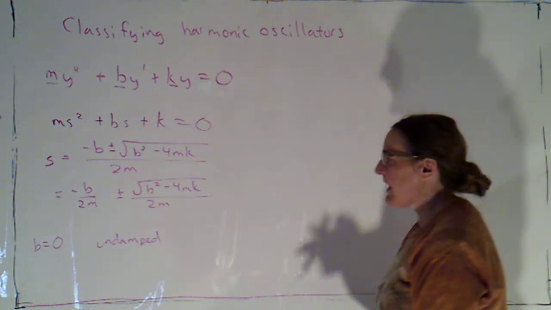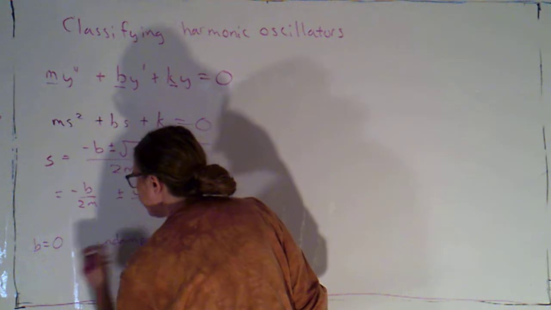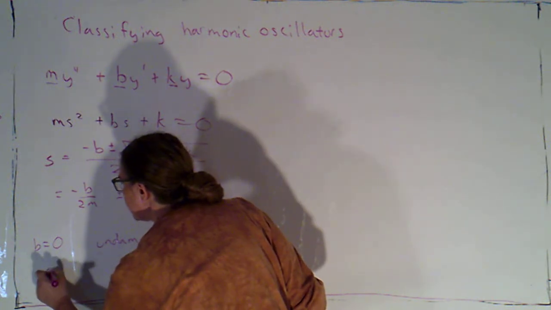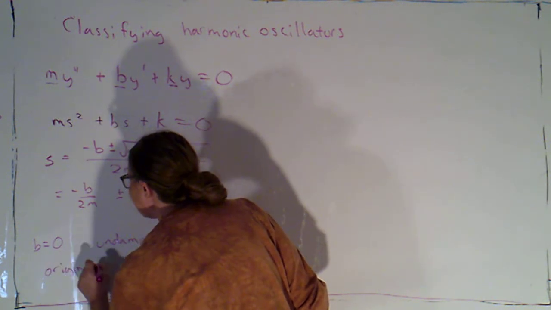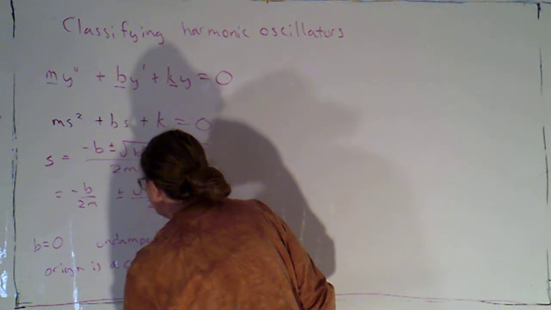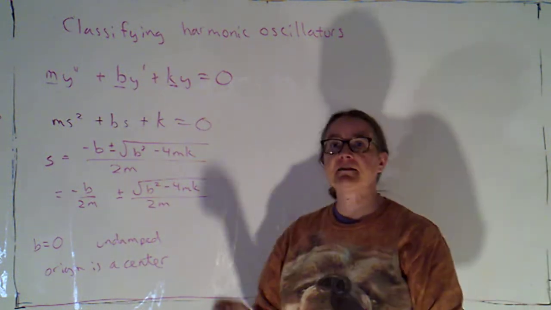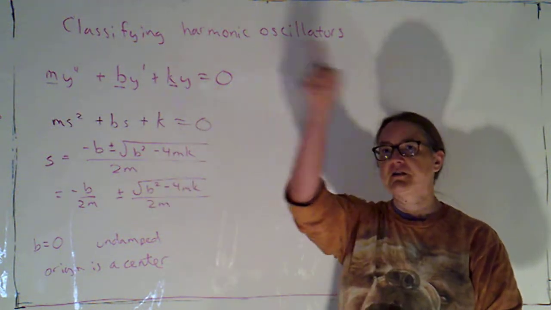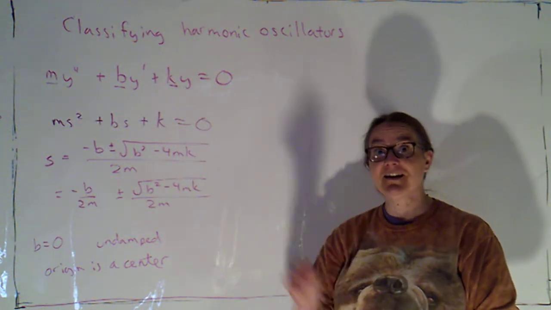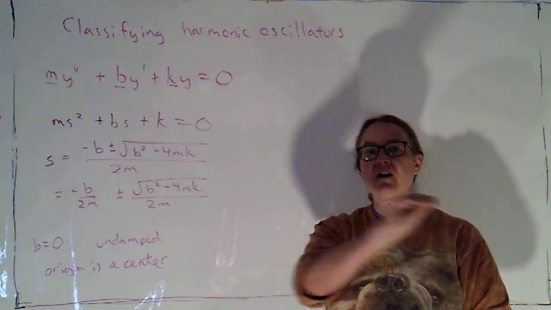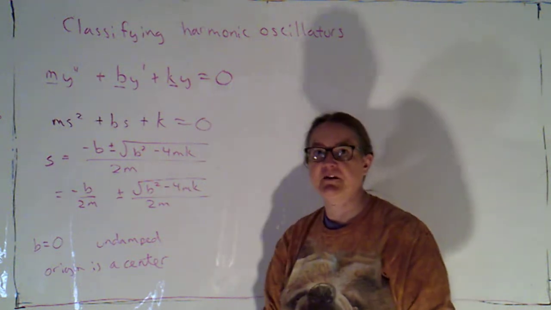When we have that, we're going to have that the origin is a center. So if I were to look at the corresponding phase portrait for the corresponding system, the origin is a center. My solution curves just loop around, corresponding to y and v just oscillating between fixed values.